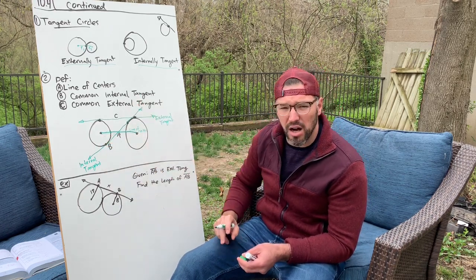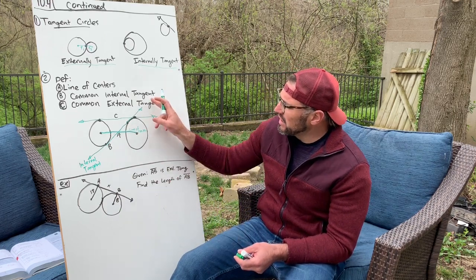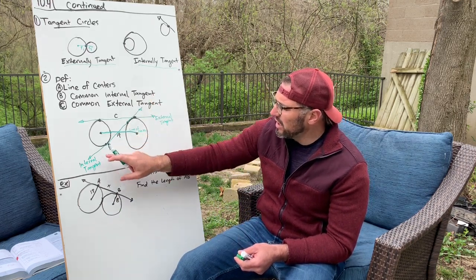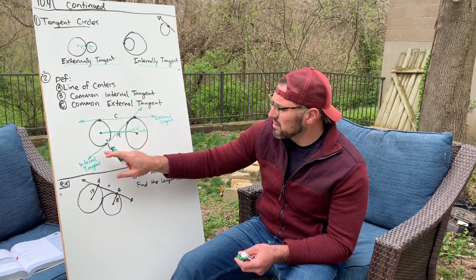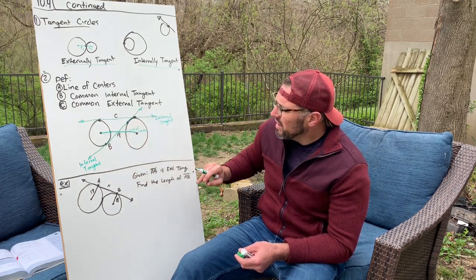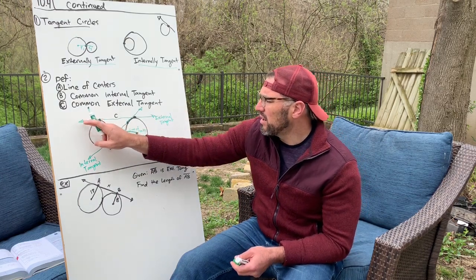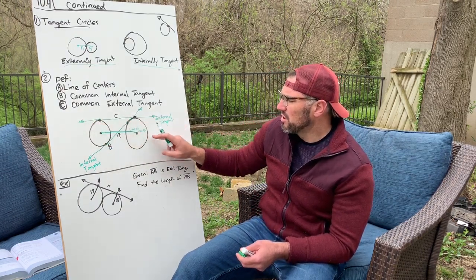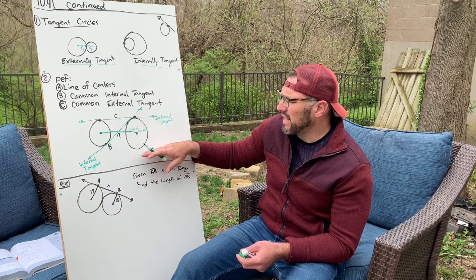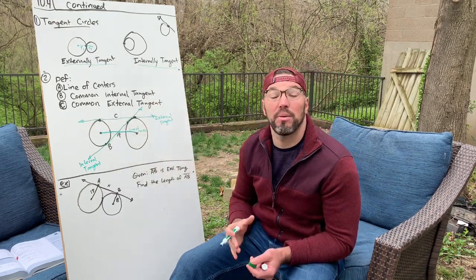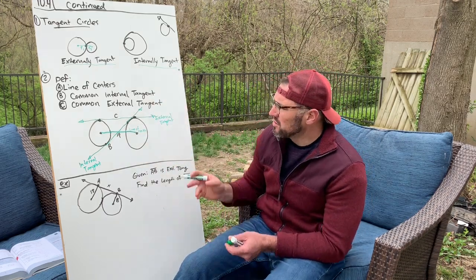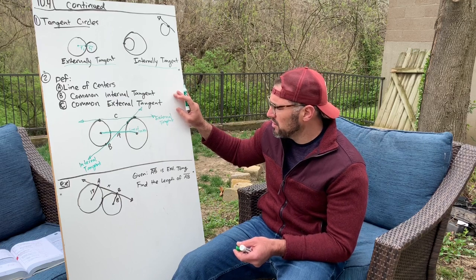That's why they call it common. Internal tangent lines go in between the two circles, like so. Common external tangents are tangent to two circles, but they're external, on the outside, and don't go in between the two circles. And so you need to know these three things.